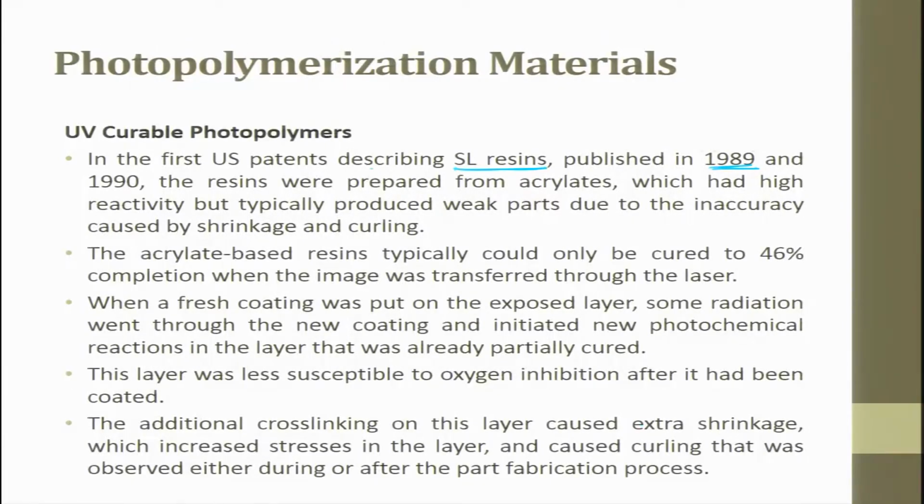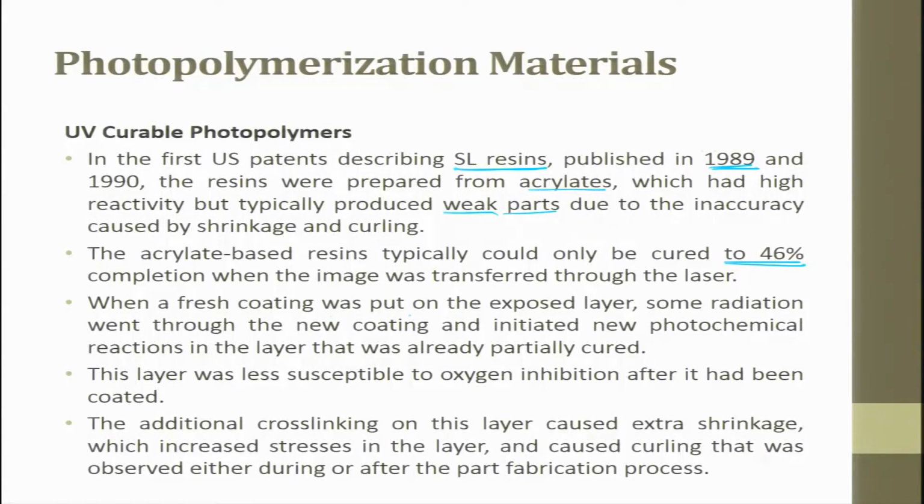In the first US patent describing SL resin published in 1989 and 1990, the resins were prepared from acrylates, which had high reactivity but typically produced weak parts due to inaccuracy caused by shrinking and curling. The acrylate based resins typically could only be cured to 46% completely when the image was transferred through the laser.